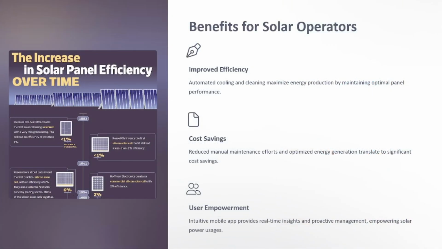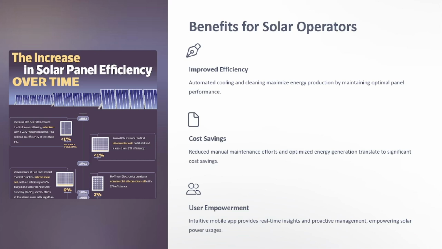So what are the benefits for solar operators if they are using this system? Exactly, they can improve the efficiency of solar panels, because in order to address the overheating issue, we have to implement an intelligent system. Why do we do that? Because we want to get the maximum efficiency out of the solar panel, right?